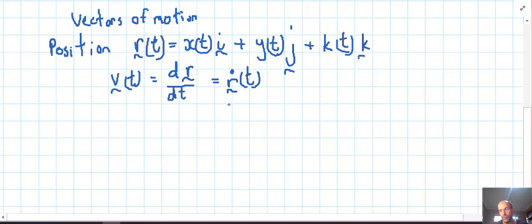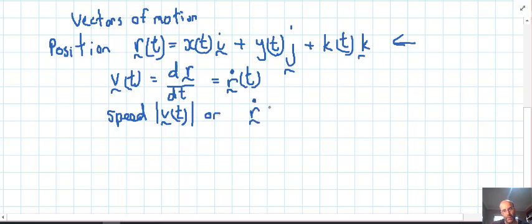So it'll be the derivative of the vector here, which we'll show soon how to do. We've got an application of this vector for velocity, which is speed. Now speed is the magnitude of the velocity vector. So we could say it's the magnitude of this, or we could say the derivative of the position vector, take the magnitude of that.